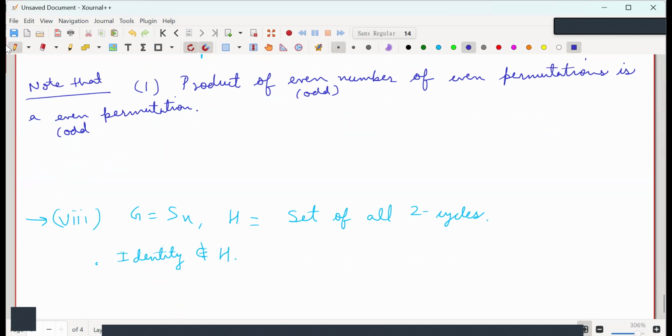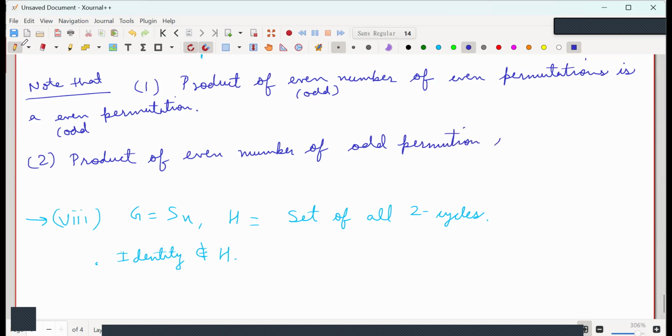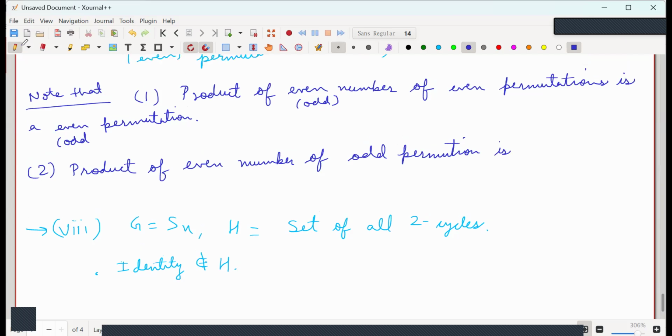And second is a product of an even number of odd permutations, also it is even. Just a minute, maybe I'm missing something.